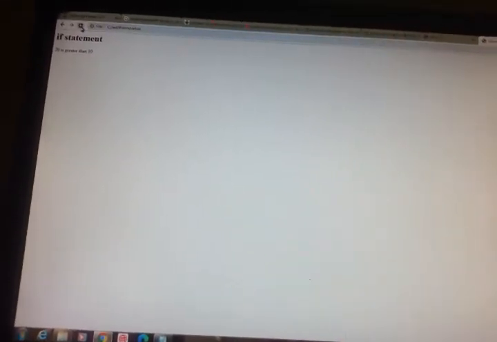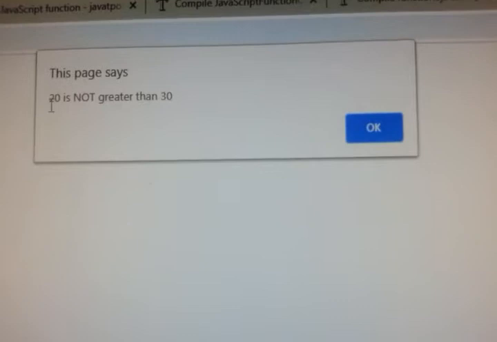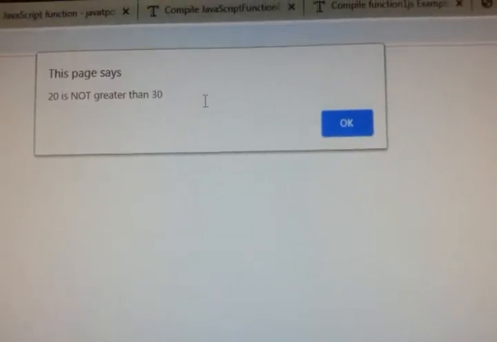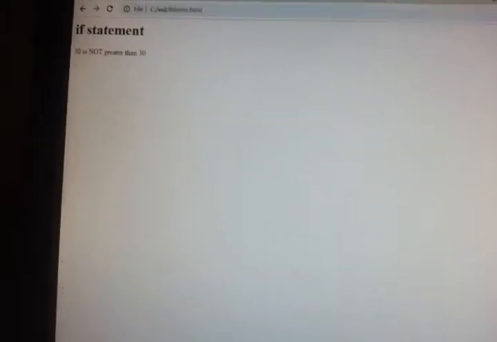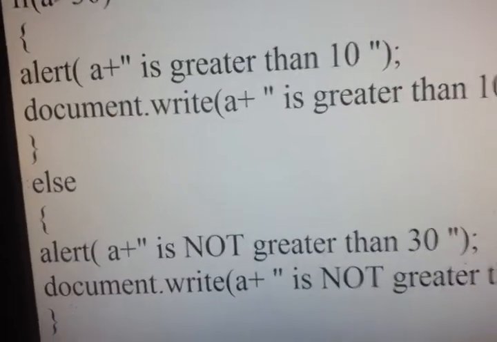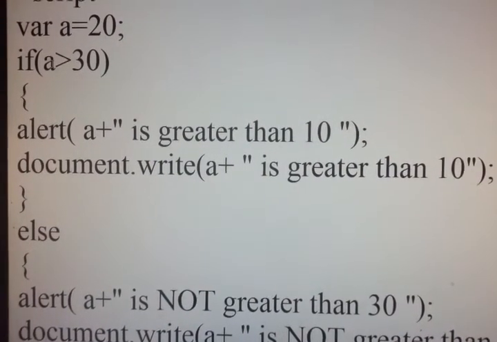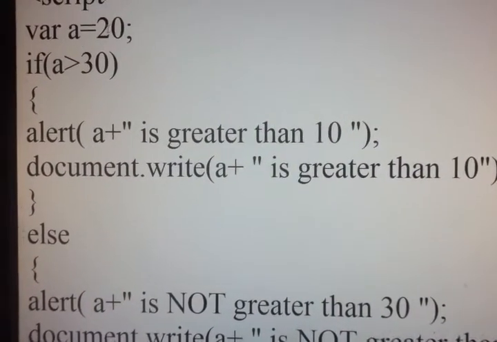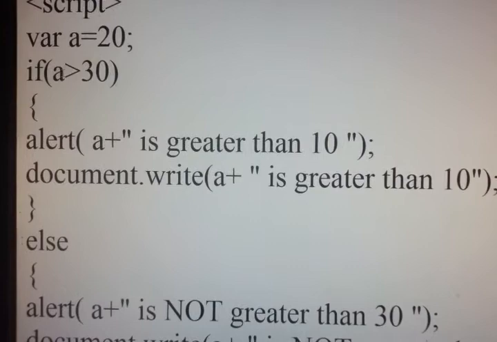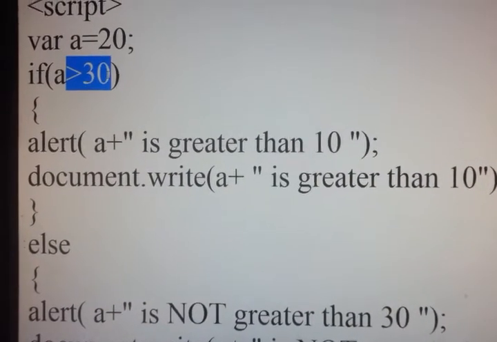Go to the program, recompile. You got 20 is not greater than 30. So what happened here? Here 20 is the value, so 20 greater than 30, this condition is failing.